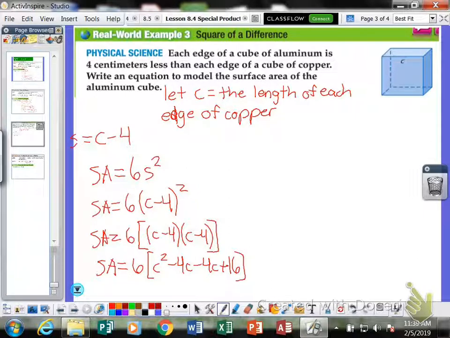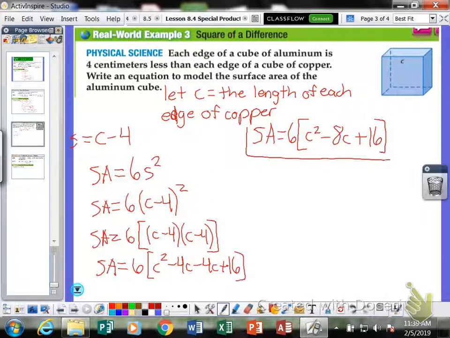I want to keep working within my parentheses first. So surface area equals 6 times C squared minus 8C plus 16, and that is my answer there. You do not need to distribute that 6 because the surface area formula is 6s squared. So that would be our answer there.